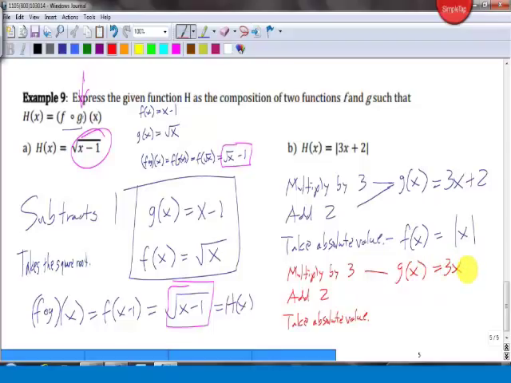Just to multiply by 3, if it comes down the line to f, and that 2 hasn't been added yet, then f has to do that. F has to add the 2, and then take the absolute value. Just like that. Add the 2, take the absolute value, and then you should check that the composition of these 2 functions, f composed with g, does in fact equal that original h up there.